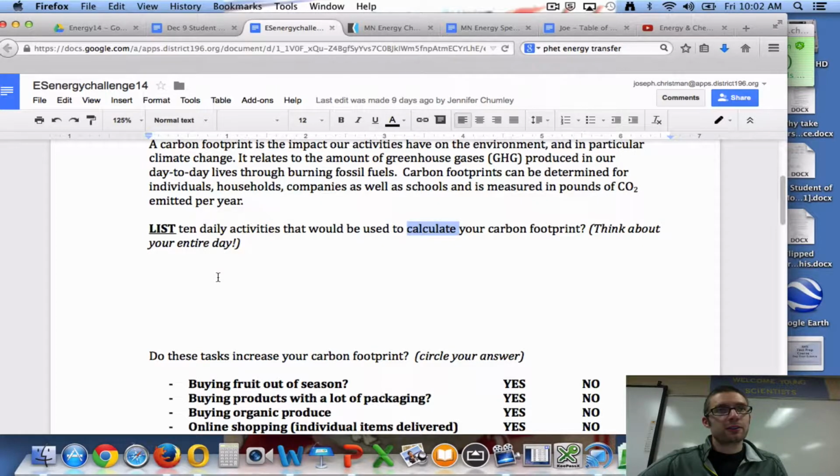Other things at the grocery store like apples and bananas and oranges, things like that. But also maybe the things that you buy, your clothes. I'm pretty sure not many of your clothes are actually made in the United States or in Minnesota for that matter. A lot of them are made overseas and they have to be shipped here. So those things, all of them go into calculating your carbon footprint.